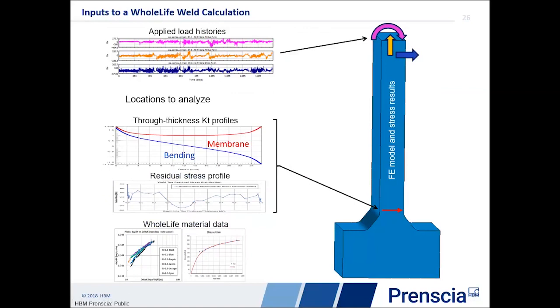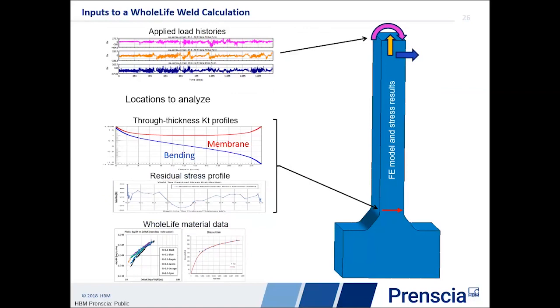Each one of those locations is associated with things such as a stress profile across the weld path. It could have, in addition, residual stress information along that weld profile as well.